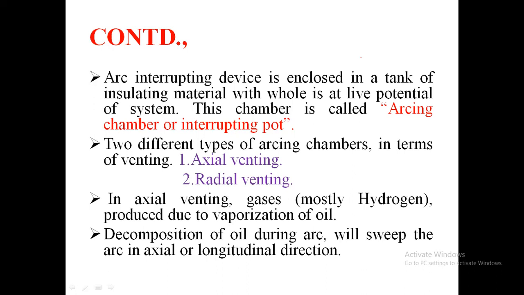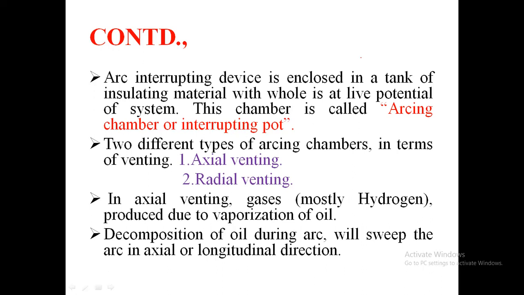When it is enclosed in the tank, the arc interrupting chamber of insulating material with a hole at a live potential of the system is called the arcing chamber or interrupting pot. Two different types are present in this type of chamber: axial venting and radial venting.